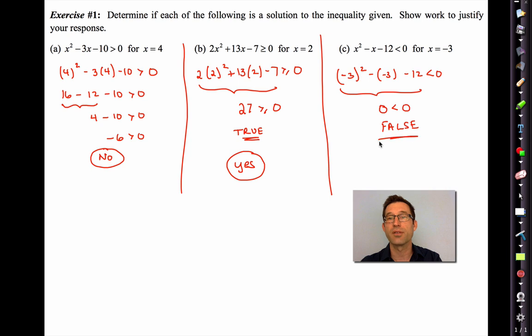It can't be greater than itself. That's false. And therefore, the answer is no. That is not a solution to this inequality. Okay? Now, again, before we move on, it is really critical for you to understand that, because we're going to be doing a lot of these checks eventually. So pause the video now and write down anything you need to.